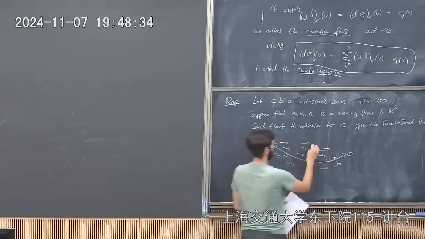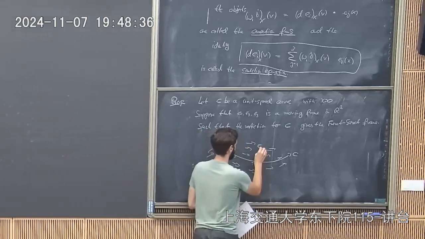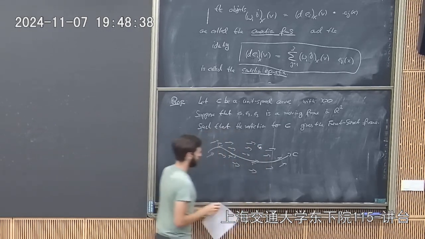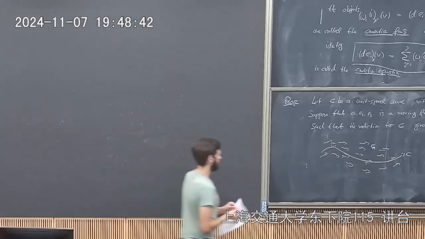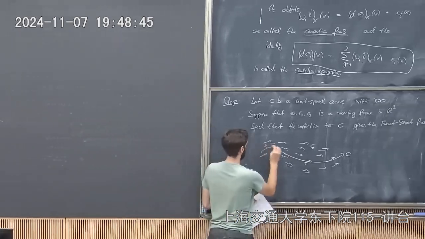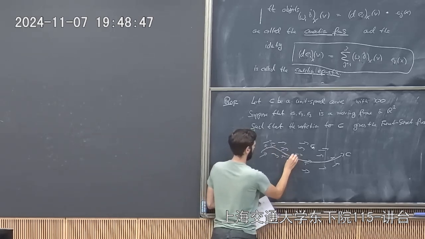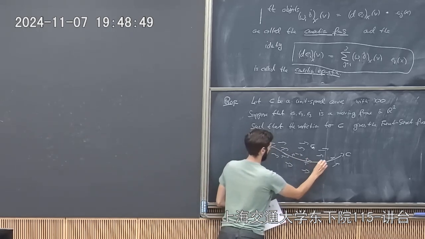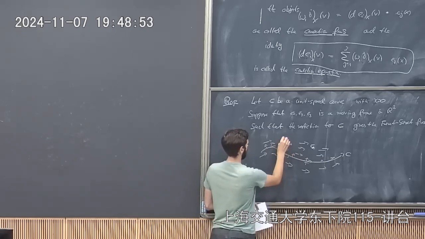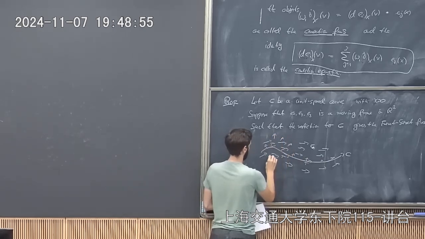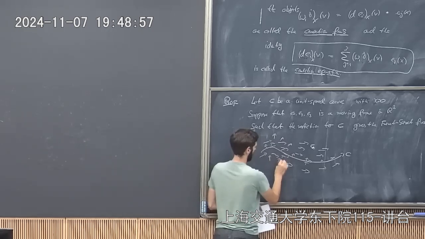So that's E1. And similarly, I have the normal vector field, which goes in the normal direction, and I also extend that to have a vector field at every point.